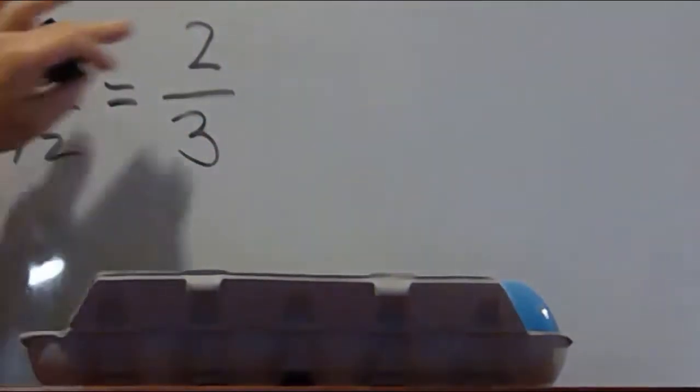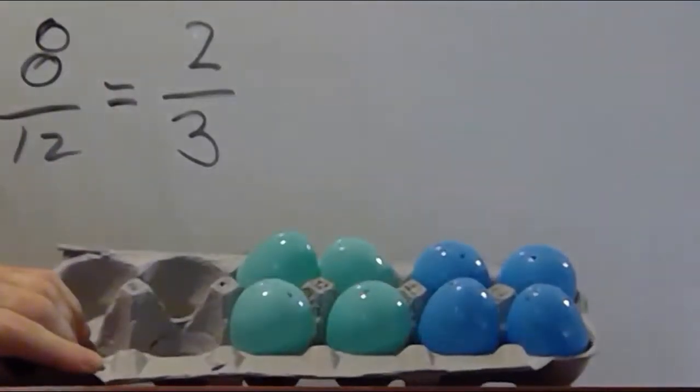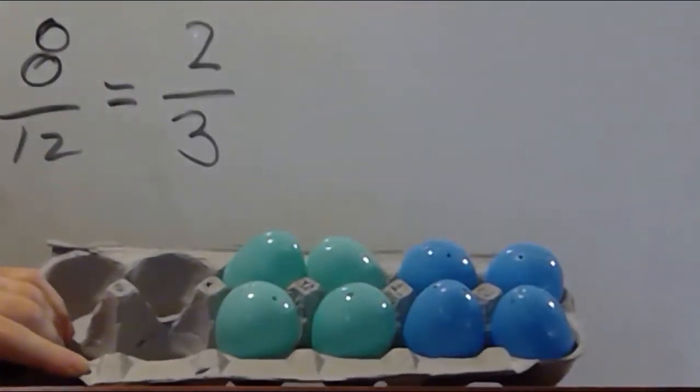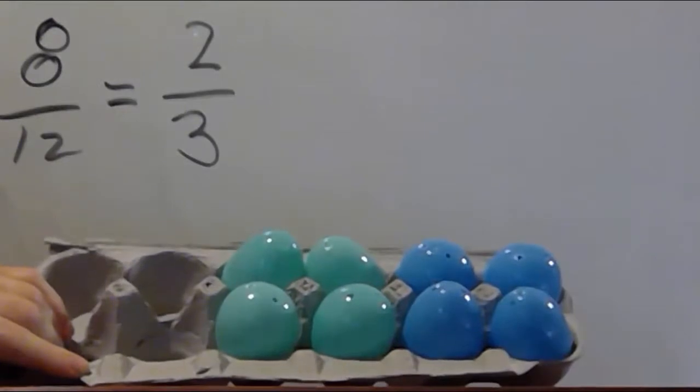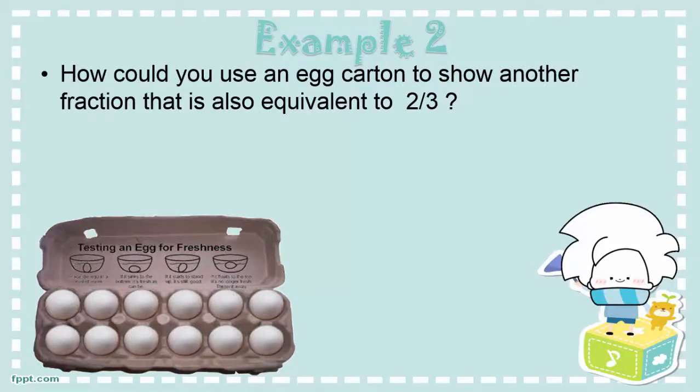So if we divide 8 by 4, we get 2. And if we divide 12 by 4, we get 3, thirds. So indeed, we can reduce that, and we get 2/3. So this egg carton is 2/3 full.